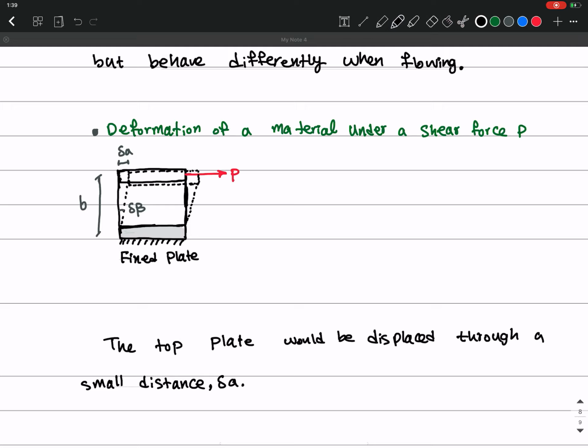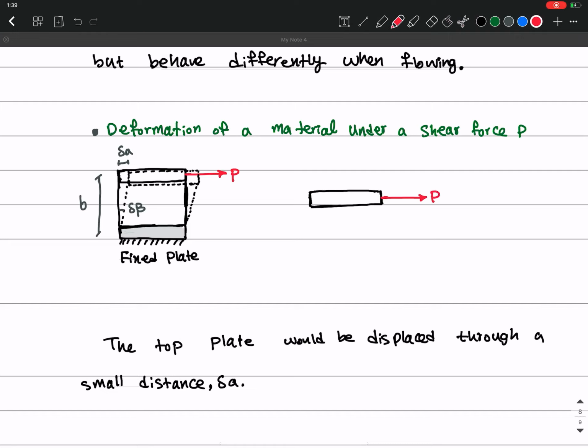So when you exert a shear force onto this plate, the top plate will be displaced through a small distance delta A, okay? So now I want to show the force diagram of this top plate here. So if I draw the top plate again, we have this P force, which is a shear force.